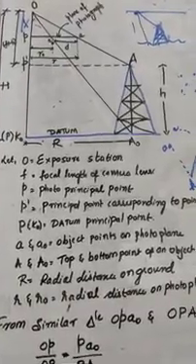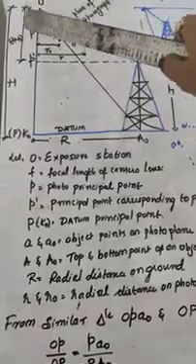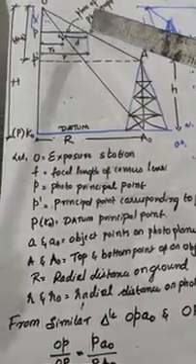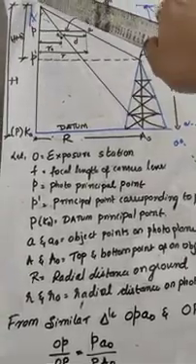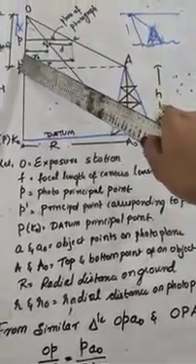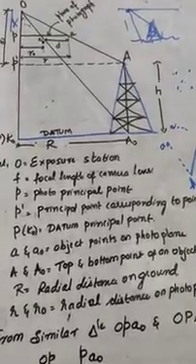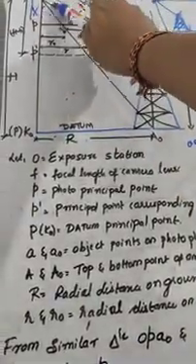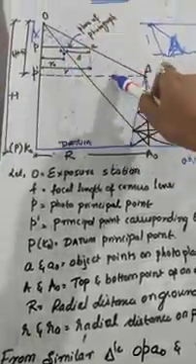Now similarly we apply the similar triangle rule for O small p and top point A, and O P dash and A. So here we are considering this portion as well as this entire portion.